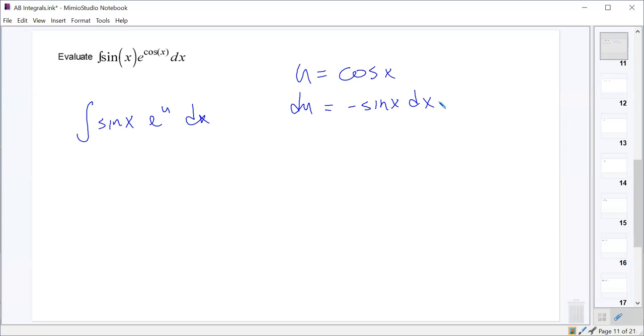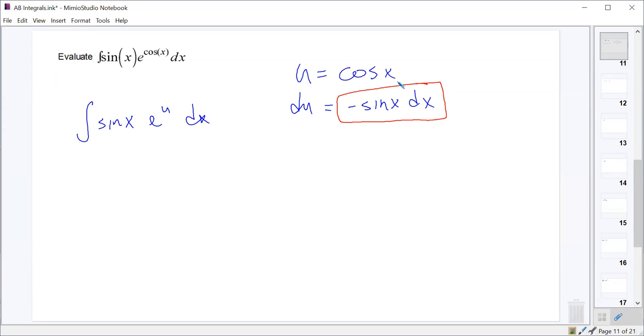Now, if we wanted to have a du in here instead of a dx, we'd have to get rid of a negative sine x dx from it. Then we could replace a negative sine x dx with a du, because du equals negative sine x dx.